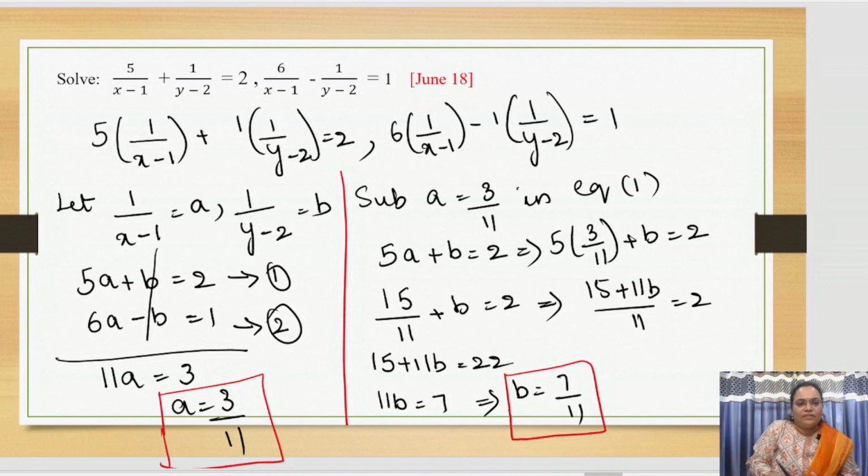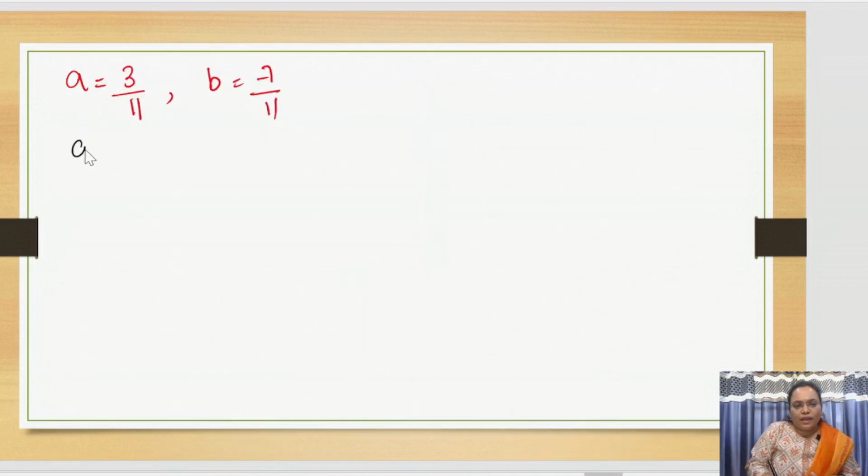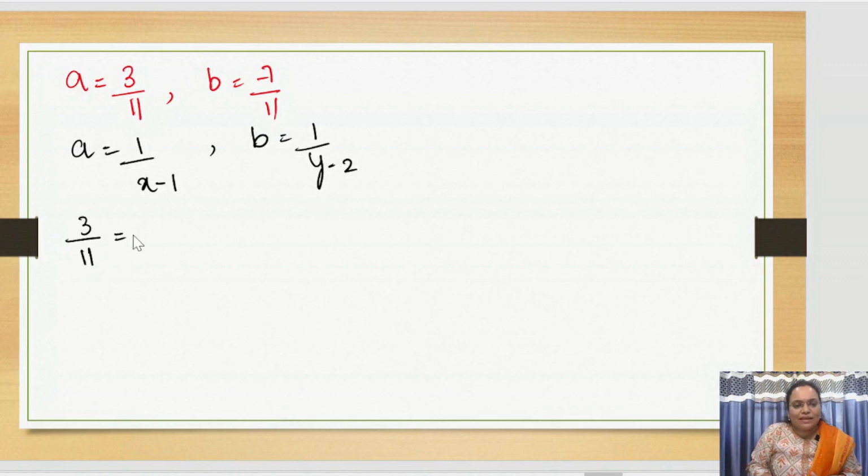Okay, so we have assumed a to be 1 by x minus 1 and b to be 1 by y minus 2. So a is 3 by 11. Yes, 3 by 11 is equal to 1 by x minus 1. So when you cross multiply, you will get 3x minus 3 is equal to 11. So 3x is equal to, I am just sending 3 to RHS, which is 14.